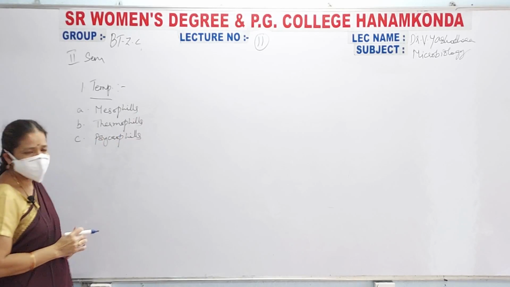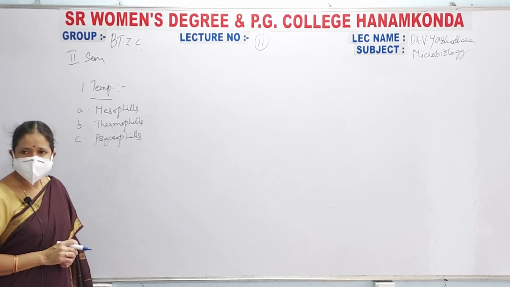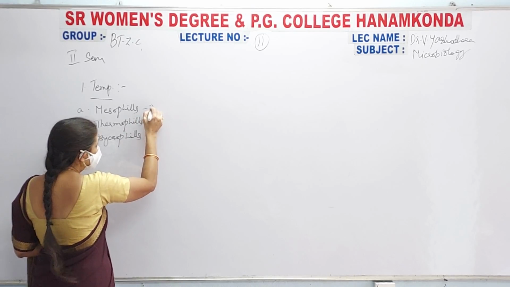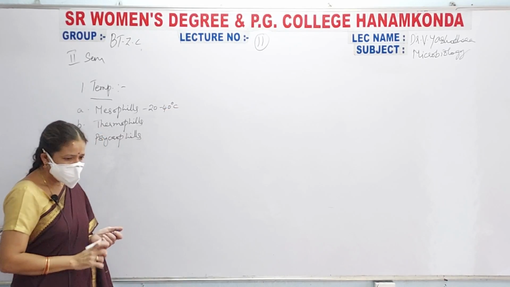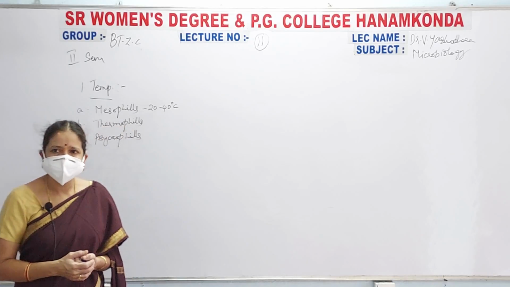Now coming to the mesophils. These are the microorganisms that grow at a temperature of 20 to 40 or 45 degrees centigrade.